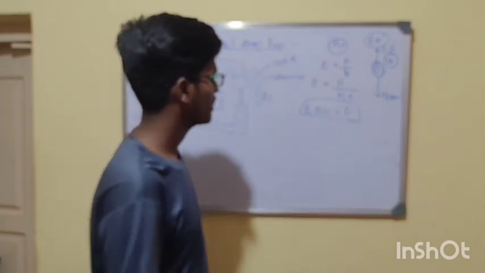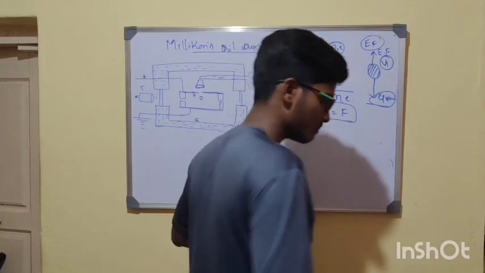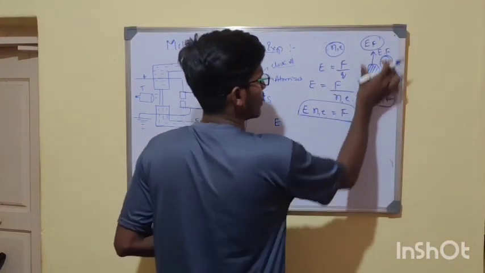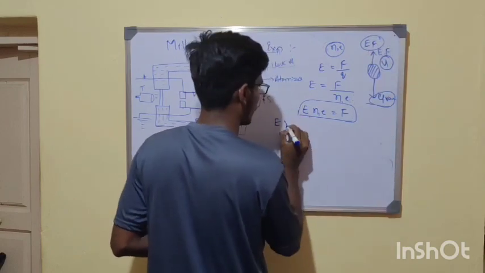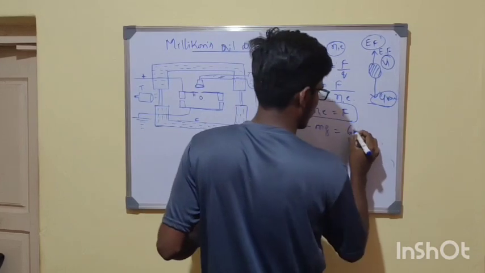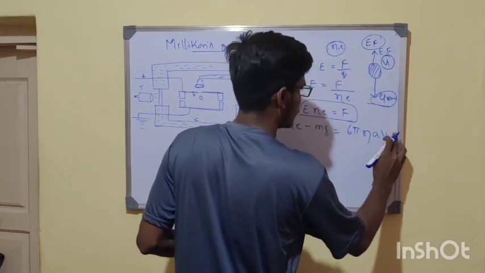At this time the force of gravity is also there. Here we have the force of gravity, n1 E minus mg is equal to 6 pi eta a v1.